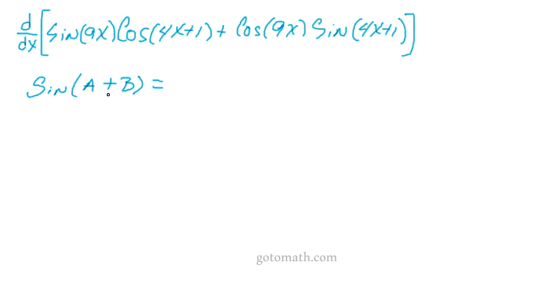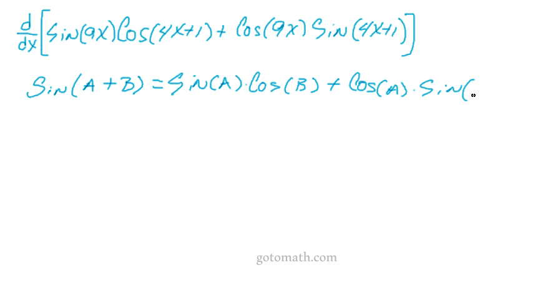We're going to remind ourselves what the sum of two angles is: sine a times cosine b plus cosine a times sine b.